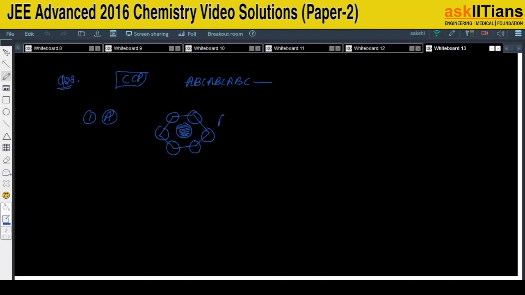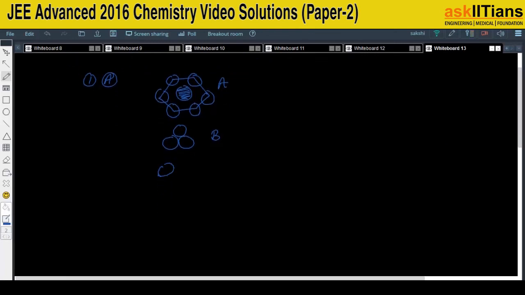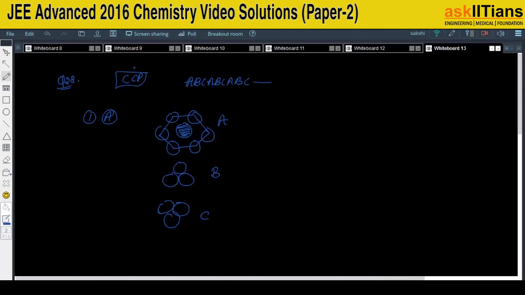This is layer number A. Layer number B is something like this, and then you have layer number C, something like this. On top of A will also be layer number C, and it will be something like this. Now if I say in the topmost layer, each atom is in contact with 6 atoms in the same layer and 3 atoms below this layer.